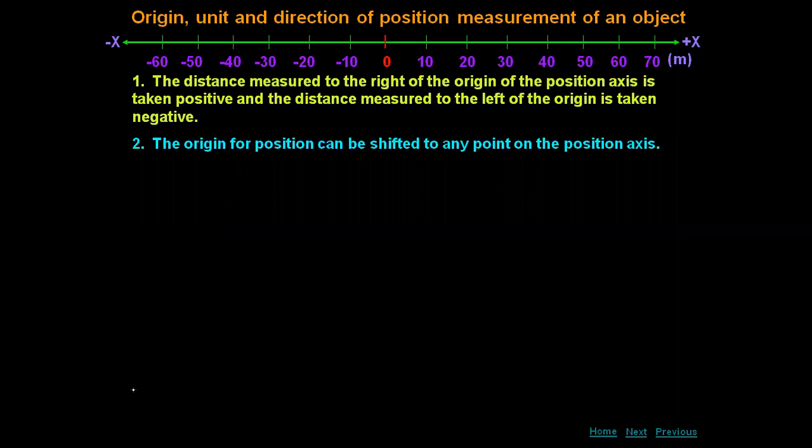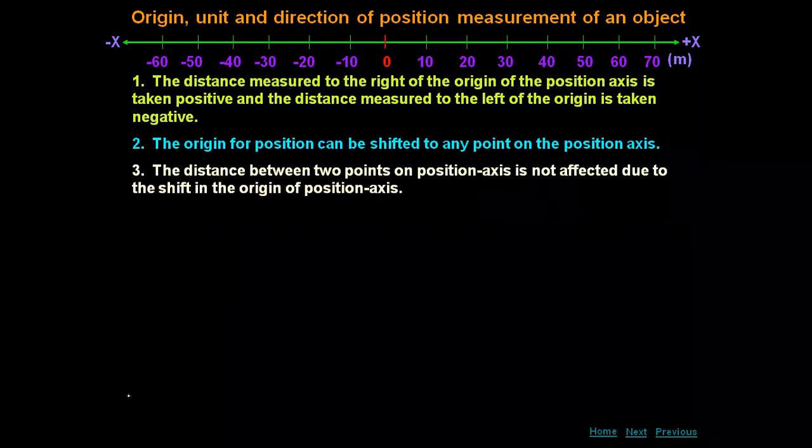The origin for position can be shifted to any point on the position axis, with respect to need. The distance between two points on the position axis is not affected by the shift in the origin. We can shift this origin to the left or right, and there will be no effect on the object which is moving. Suppose the object covered 2 units of distance, that will be 2 units.